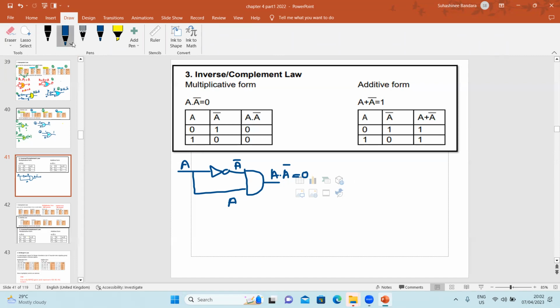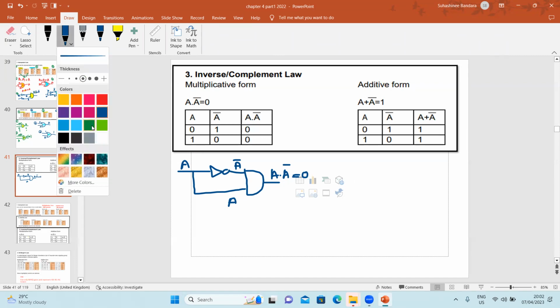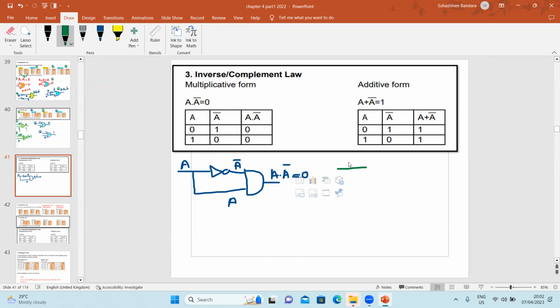The next one. If I have A, then A bar, then A is going through this one.